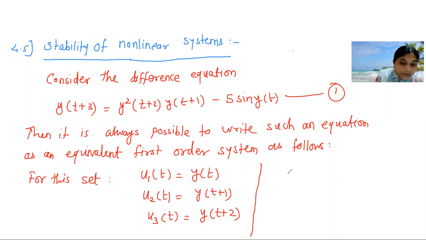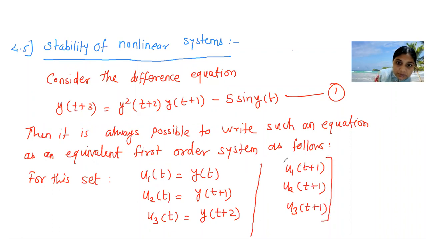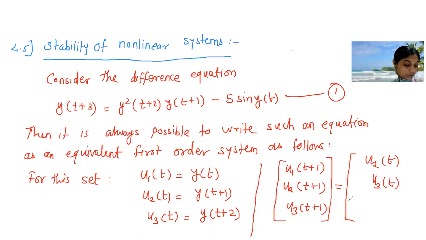So equation 1 can be written as u1 at t plus 1, u2 at t plus 1, and u3 at t plus 1 is nothing but u2 t, u3 t, and last one is u3 square t, u2 t minus 5 times sine u1 t.